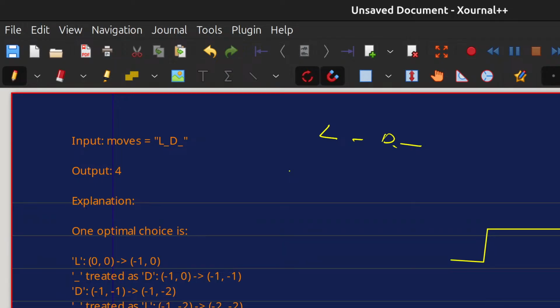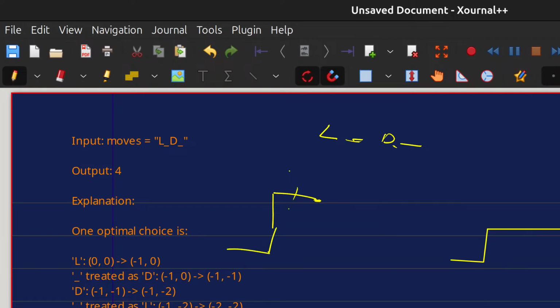So I think what we can do is look at the previous character and just go in the same direction, don't go opposite of it. If it is left, don't go right, if it is down, don't go up, right? So we are at origin, we go left, then again we can go down, then down, and then go left.